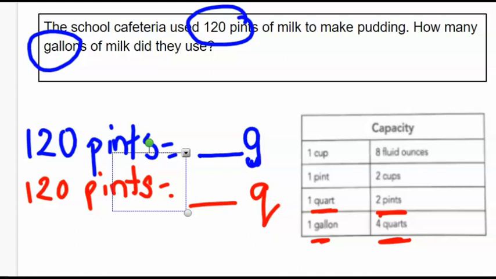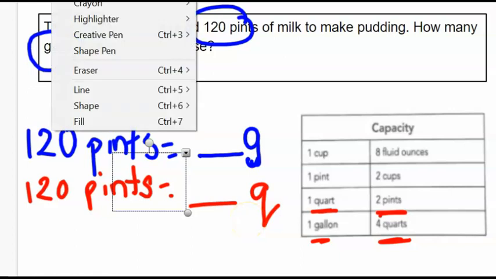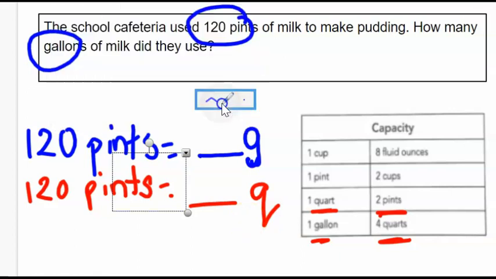So if I have 120 pints, how many quarts do I have? Well, let's look at our chart. If I have 2 pints, I have 1 quart. So I have twice as many pints as I do quarts. Here I have 120 pints. So how many quarts would I have? That's right, I would have half as many because I'm dividing that by 2. So that would be 60.